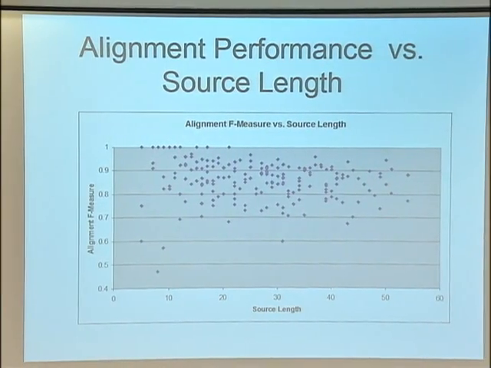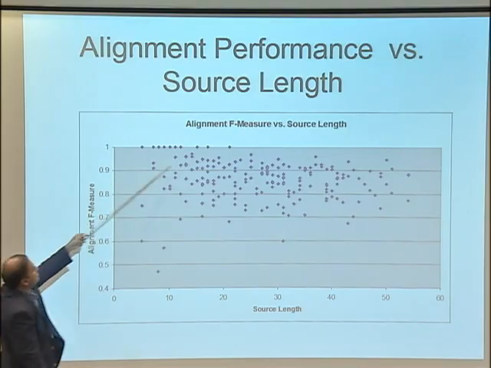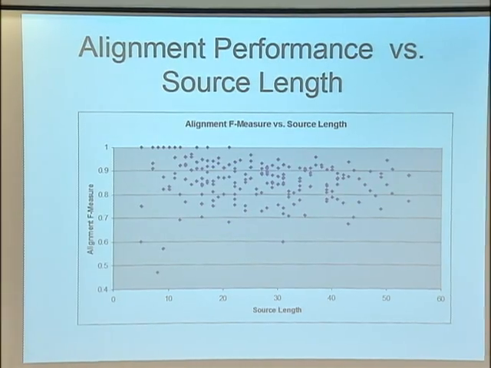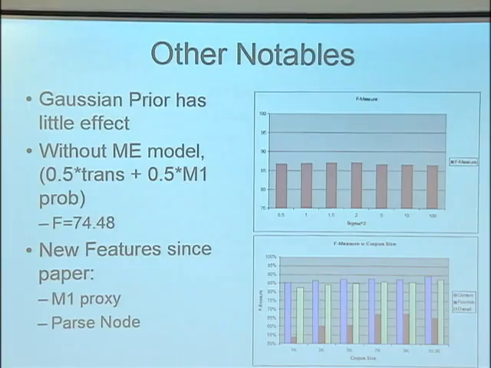If you take a look at the source length versus the alignment F measure, I don't see any real correlation between F measure and sentence length. So we're good on shorter sentences and about the same on longer sentences. So no real correlation. Other things to note about this model, the Gaussian prior has very little effect.